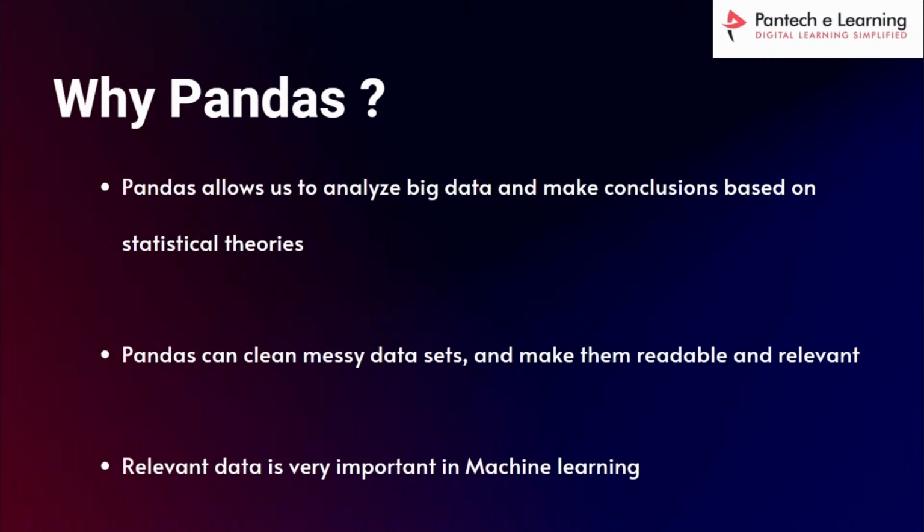In the previous session we saw how to download a heart data set with something like 1000 rows, which is 1000 patient details. These are small data sets. We can handle even 50,000 or 1 lakh rows, which are very big, and these big data can be easily manipulated or analyzed with the help of Pandas. Pandas can clean messy data and make it readable and relevant, and it's very important in machine learning.